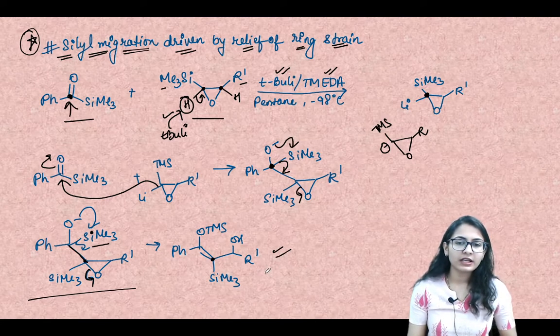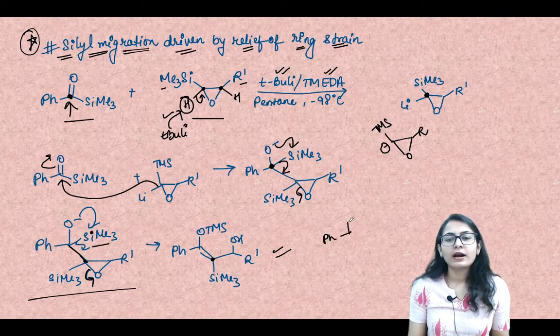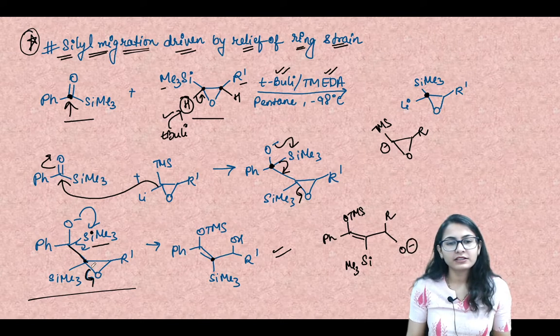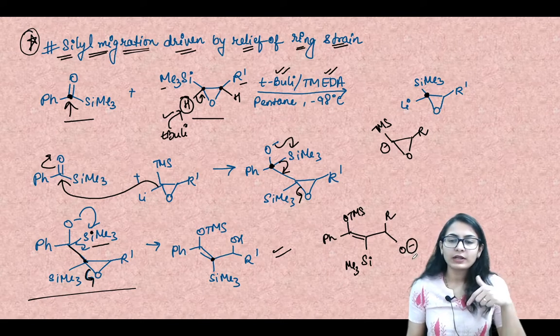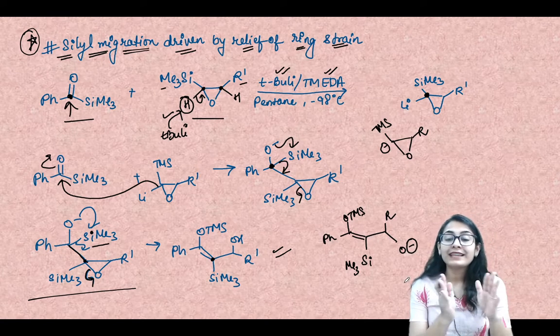Now you might have a confusion over here, that is, ma'am, why are we not doing one more Brook rearrangement? This is OTMS, fine, very good, but you have a silicon on this side and one of the intermediates that you got was O minus, isn't it, after this ring opens up. So you can also get the 1,3 Brook rearrangement. The oxygen attacks over silicon, the bond opens up to the sp2 carbon.